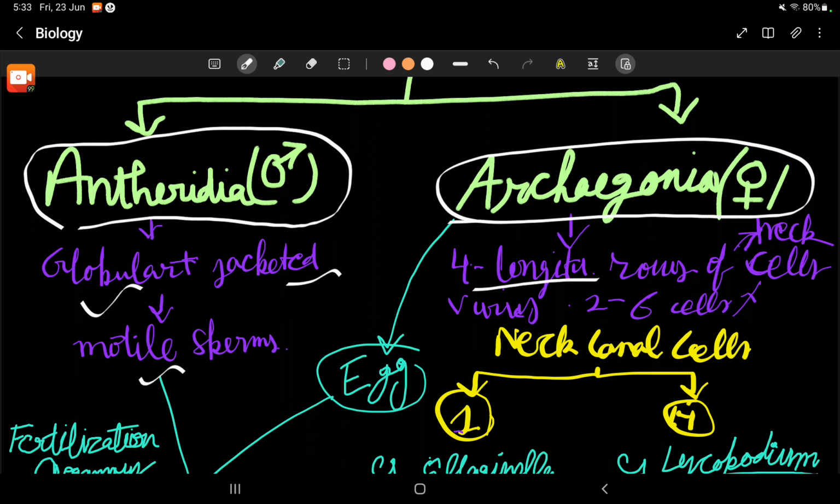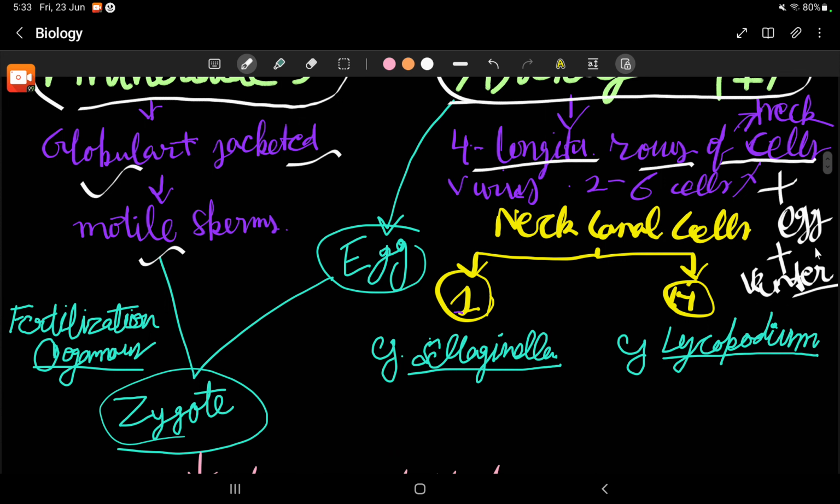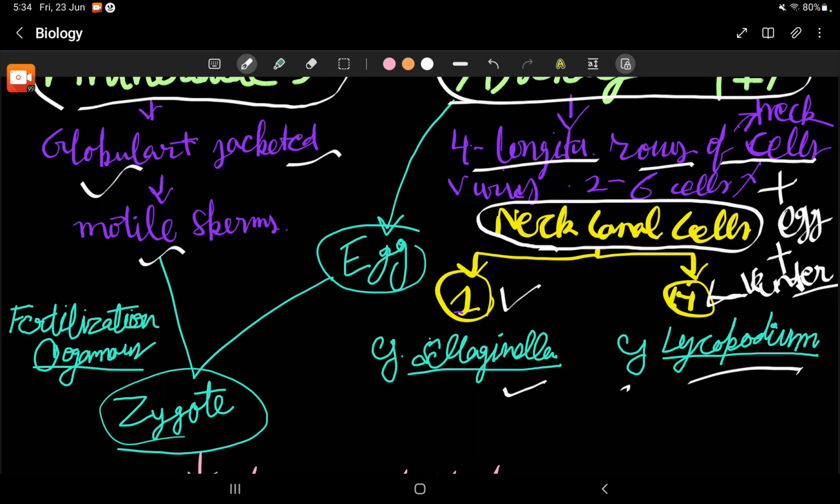There are 4 longitudinal rows of neck cells in the archegonia, with 1 egg cell and a venter canal cell. A question is asked on the number of neck canal cells: there is 1 neck canal cell in Selaginella while a maximum of 14 in Lycopodium. This is important.